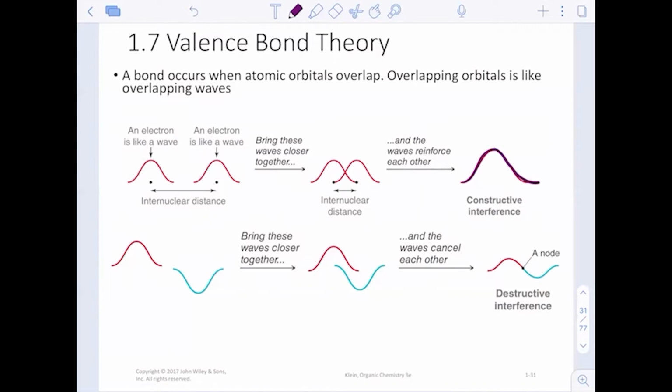This is good. This was bonding. If for some reason we bring opposite phases together, this is what we call canceling out or destructive, when a node appears in the middle and we start to see insufficient bonding.